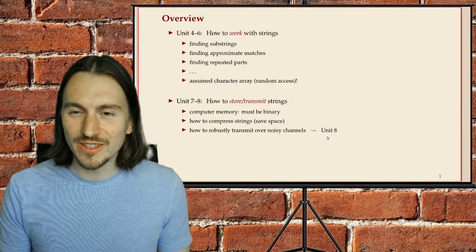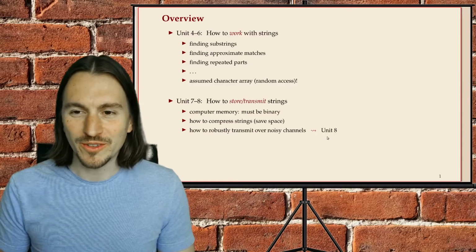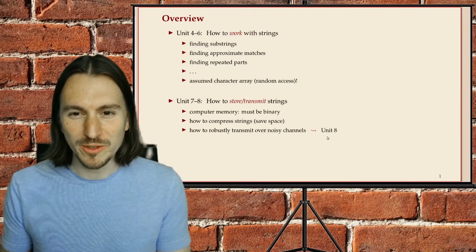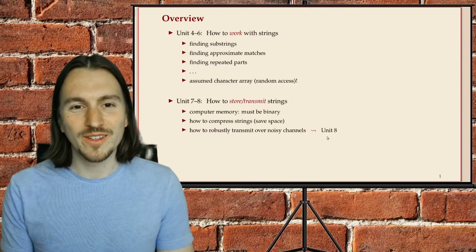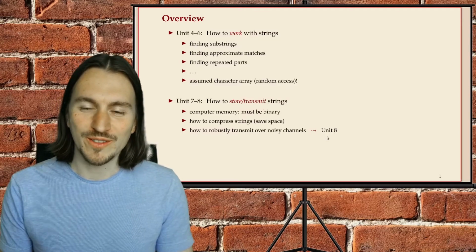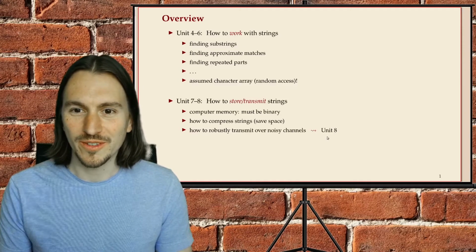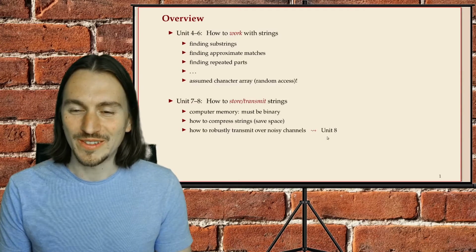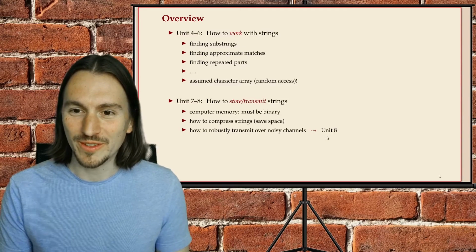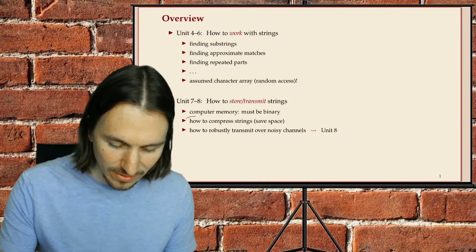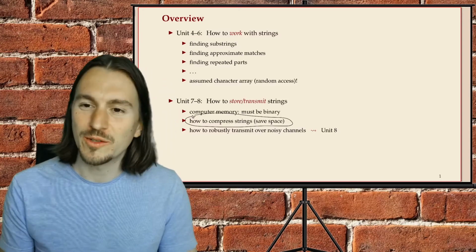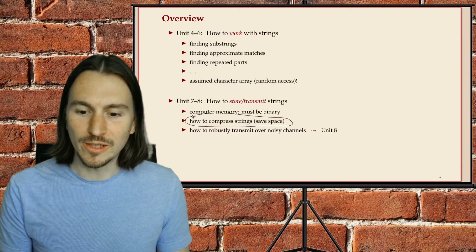That will be, in a sense, the opposite of compression. You don't try to use as little space, but you try to make it as robust as possible. But they turn out to use similar ideas and similar techniques. The methods are related in a way, so that's why we discuss them together. But for this unit, we will focus on how to represent strings with little space.